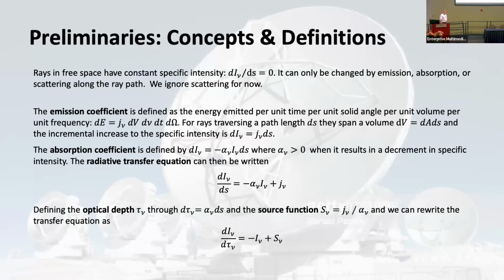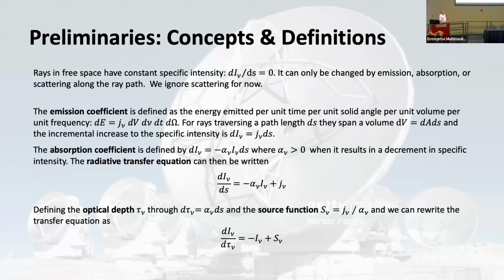Okay, specific intensity in free space is invariant. It can only change if there is absorption or emission or scattering. Again, you've seen these definitions before, the emission coefficient, the absorption coefficient, and we can write a simple transfer equation. The first term is subtracting away specific intensity through absorption, and the second is creating it through emission.